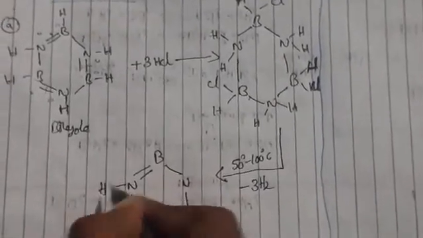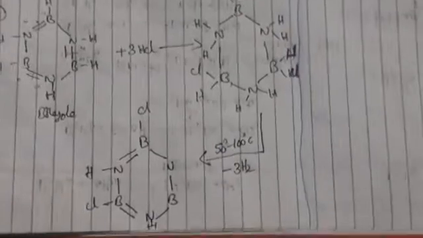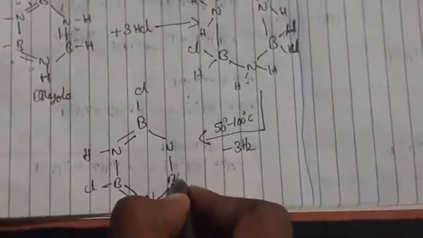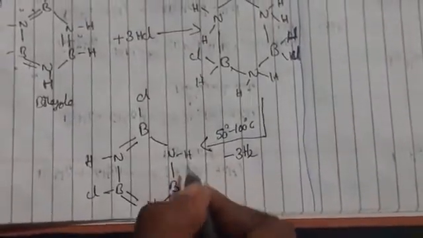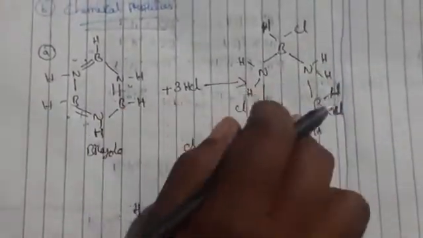Here H is left and here Cl is left, and here also Cl is left, here one H is left. We get double bonds because the H's are lost. So observe clearly, the borazole we have taken was treated with 3HCl, so we got the cyclohexane-like structure.